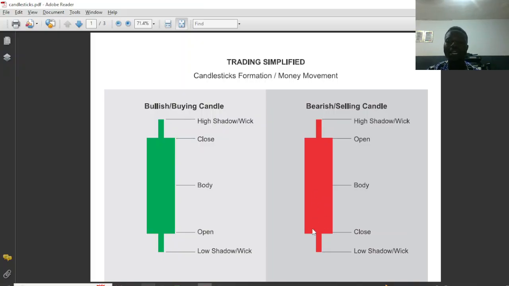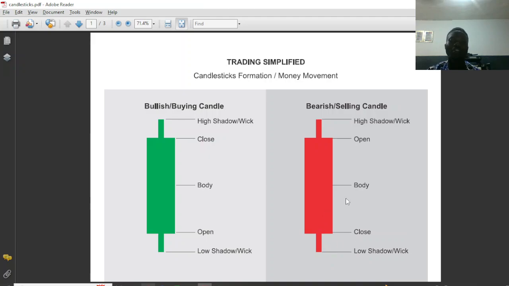And when it gets to a certain stage, the candle will close, meaning the price at which they are selling at that point in time closes. We have the opening price of the candlestick right here, and the closing price right here, and this is the highest opening price of the candlestick, and this is the lowest closing price of the candlestick.